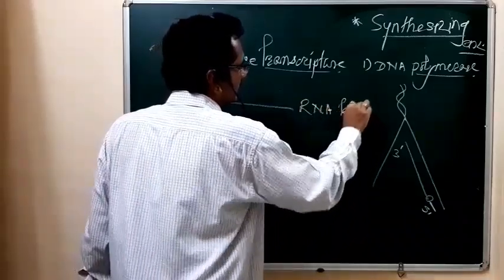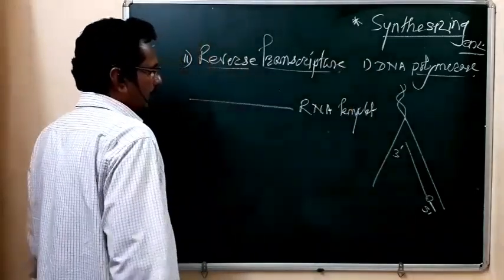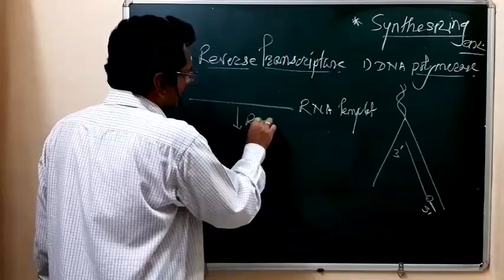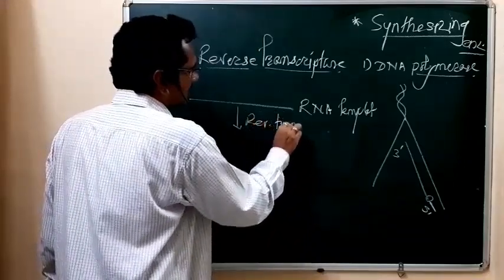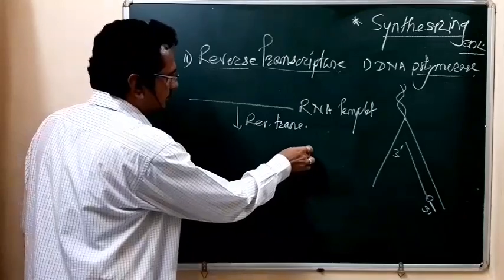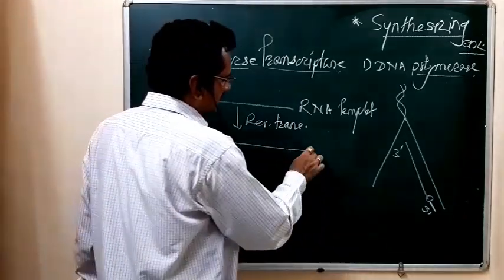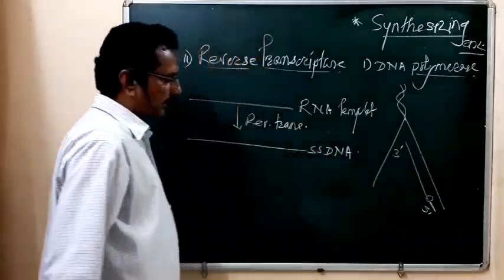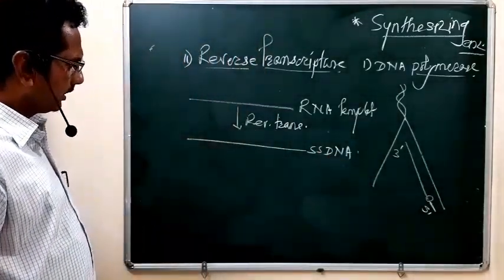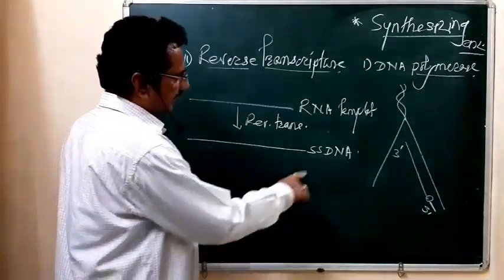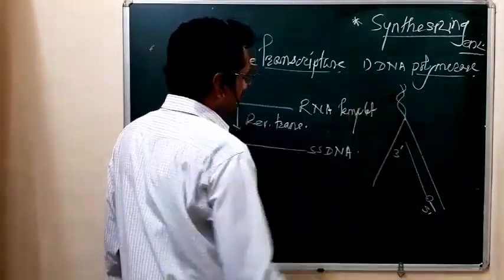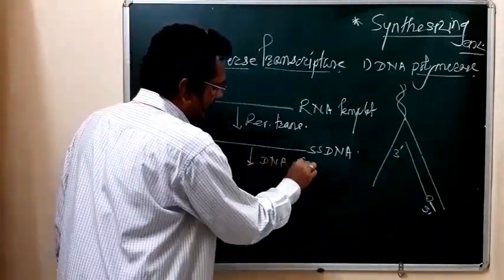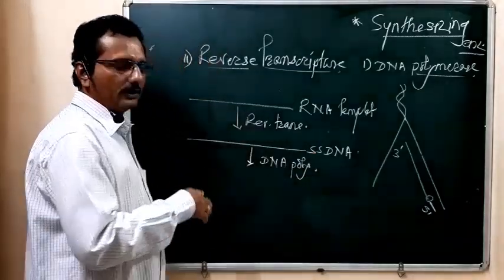On this RNA template, in the presence of the reverse transcriptase enzyme, there is a synthesis of single stranded DNA, ssDNA. ssDNA means single stranded DNA, and on that single stranded DNA, again in the presence of the DNA polymerase enzyme, there is a synthesis of a new strand of DNA.